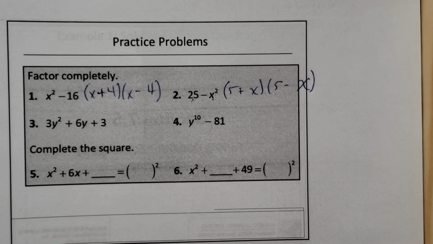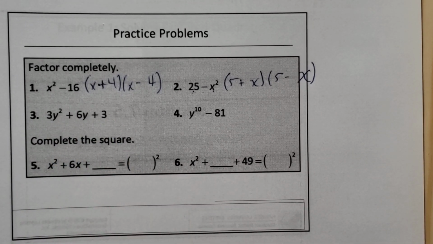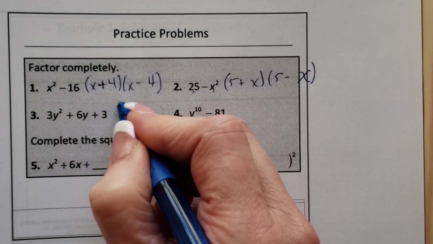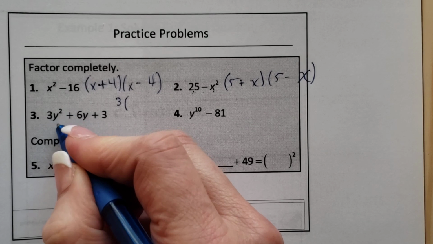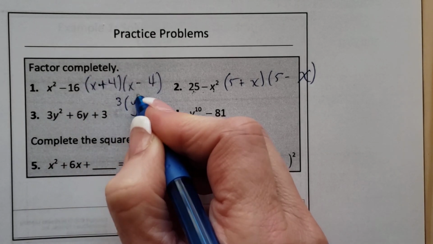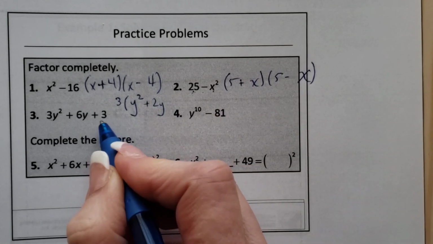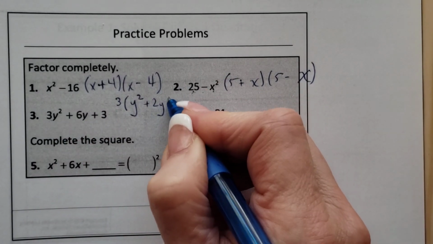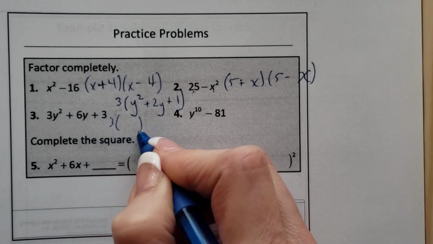All right, number 3. I see that all 3 of these terms can be divided by 3. So I'm going to pull out a 3. 3y squared divided by 3 is 1y squared. 6y divided by 3 is 2y. And 3 divided by 3 is 1. All right, so I'm going to divvy up.